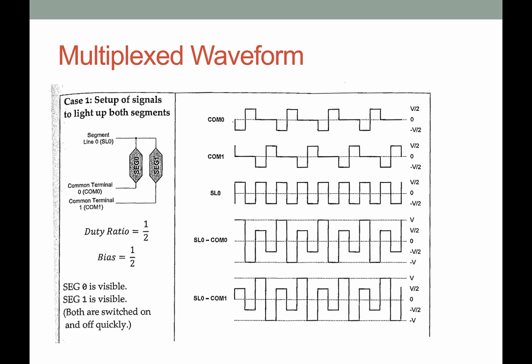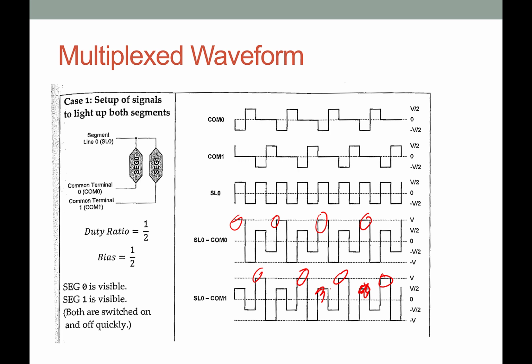This is talking about a multiplex waveform, and how it goes with the two separate segments and particular biasing, and when the light will turn on and off. What it's trying to show here is that you're not going to turn the lights on unless you get something at a voltage V. When it's lower than V, even if it's V over 2, the light would not be lit. But we're going to talk about this in much greater detail.